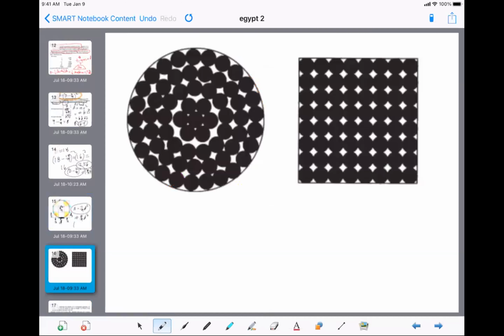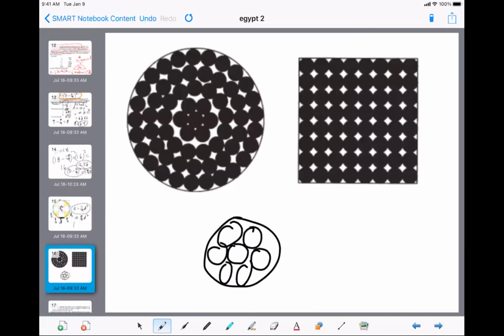You can take small circles and rearrange them. If I take 7 small circles, you could do this with coins, you could rearrange 7 circles into a single hexagon-looking thing, which looks kind of like a circle.